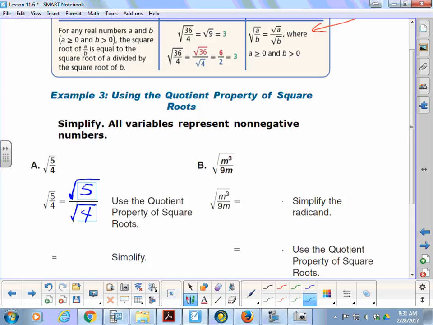Now I look at both parts. With the ones that I have for you today, the denominator is usually going to be a perfect square. So my denominator here is going to be 2, because the square root of 4 is 2.